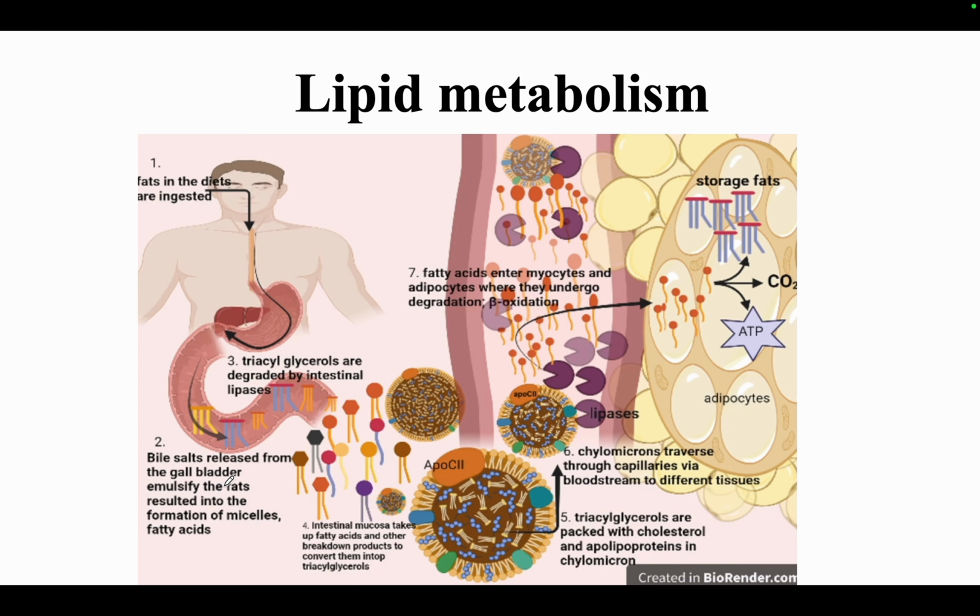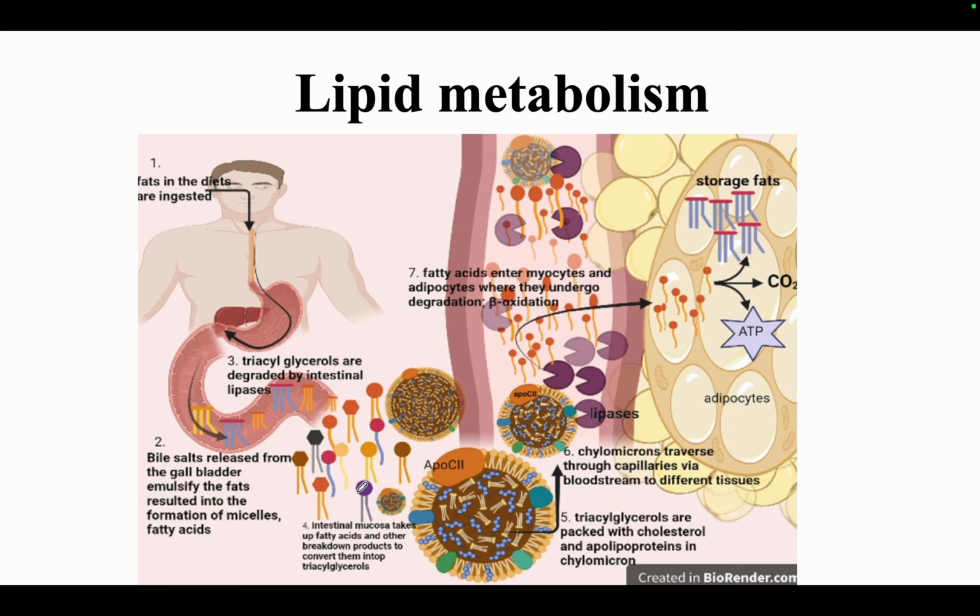Whenever we have a high fatty meal, the gallbladder will emulsify this fatty meal by degrading the triacylglycerols in the intestine. So a large lipid molecule is converted into small triacylglycerol, as you can see.